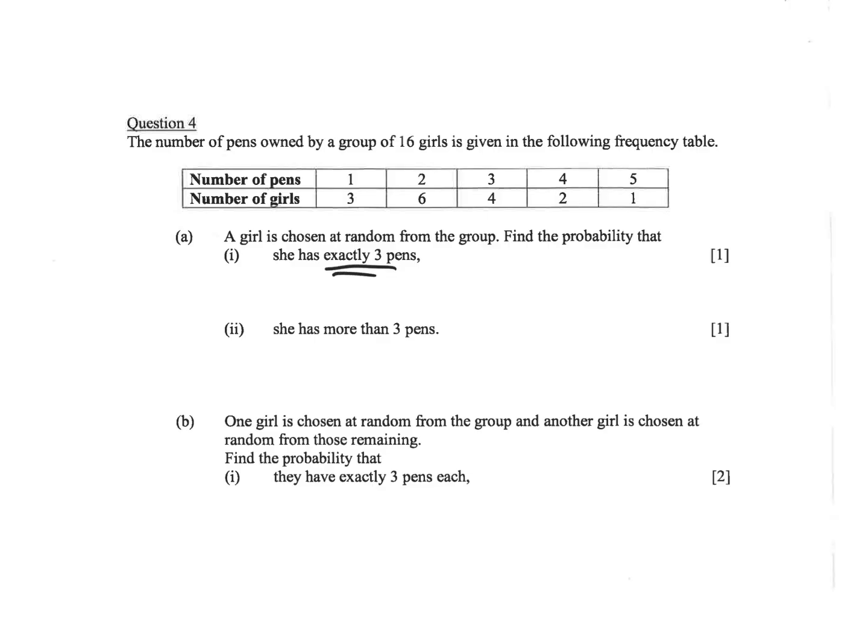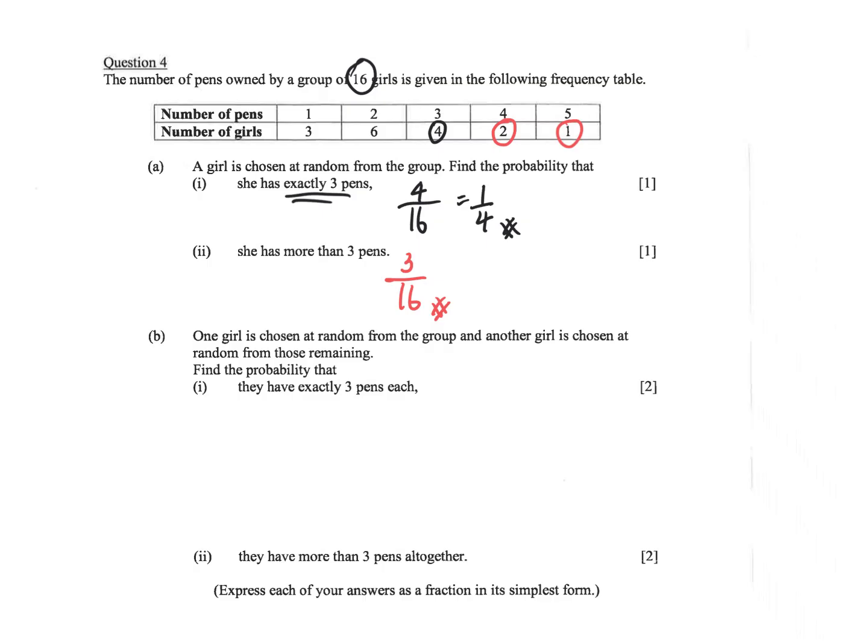Exactly 3 pens: I have 4 girls out of a total of 16 of them. So that's a 1/4 chance. More than 3 pens means 2 and 1, so a total of 3 out of 16 of them. So this one is quite easy. Okay, next, he says if I choose one of the girls from the group and another is chosen at random from those remaining, which is a without replacement problem.